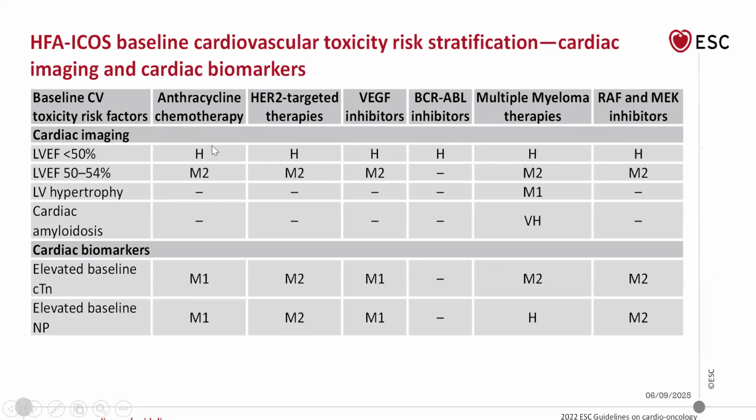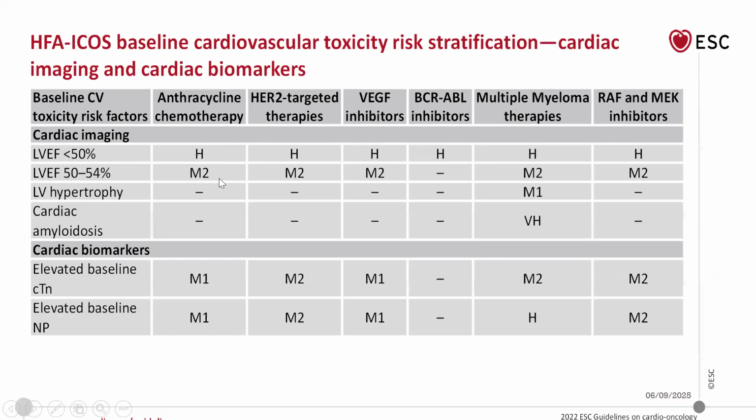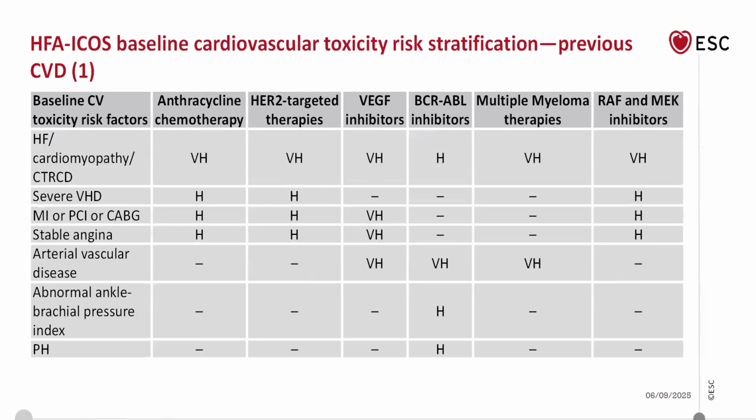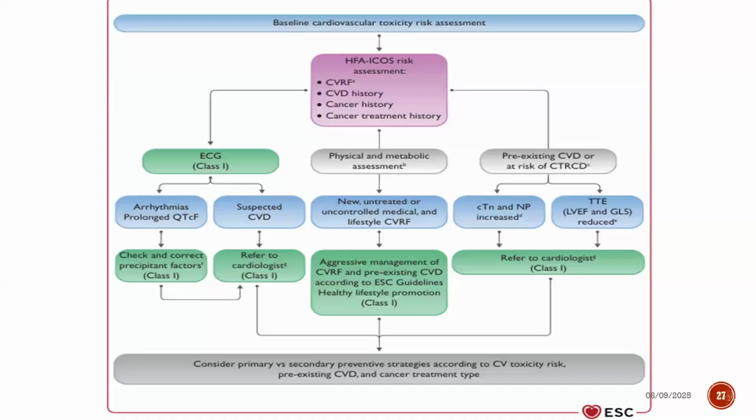When we see VH, then it's a very high risk. So we need to go through all these parameters and then get a score for the patient. So the score value would determine whether the patient is at low risk, moderate risk, or high risk. So we'll look at that on the subsequent slide.